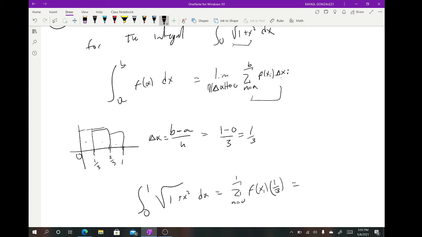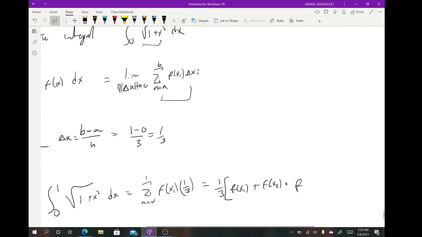If I was not using the midpoints, I could use the right endpoints, which are 1/3, 2/3, and 1, or the left points, which are 0, 1/3, and 2/3. So this is equal to 1/3 times f of x1 plus f of x2 plus f of x3. It's just the heights, which are f of x1, f of x2, and f of x3, times the width, which is 1/3.